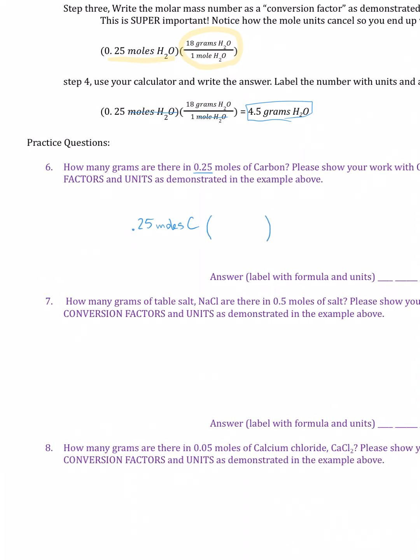I know from before that there are 12 grams of carbon in 1 mole. So if I multiply across, 0.25 times 12 gives me a number of grams of carbon, which I do believe, if I'm not mistaken, is 3. And those units cancel.